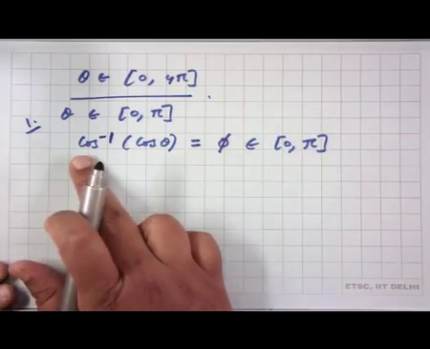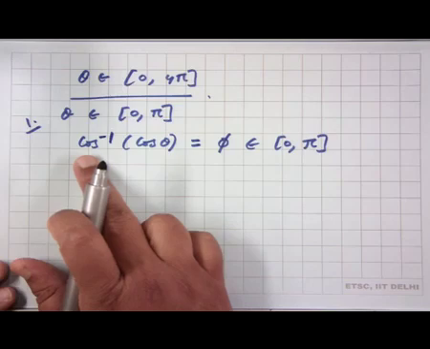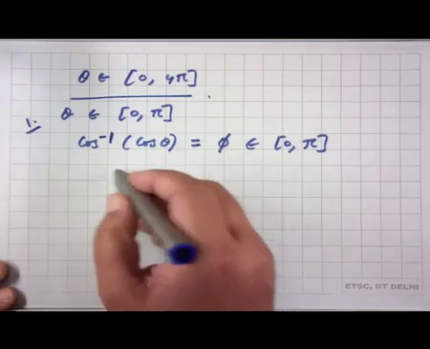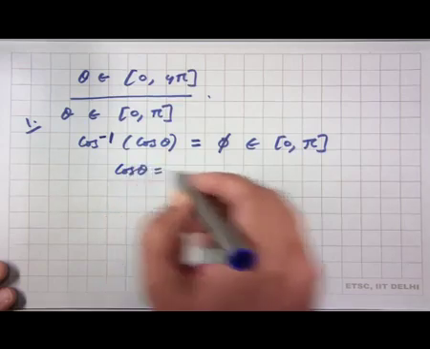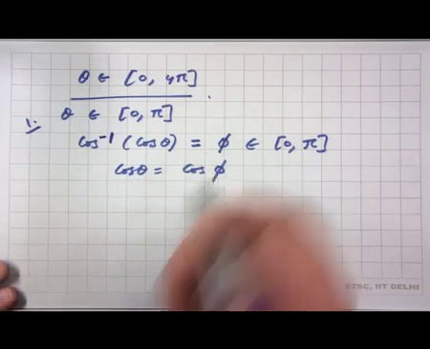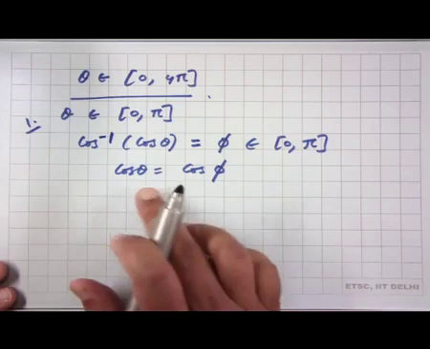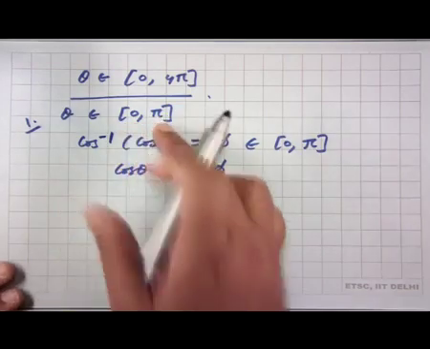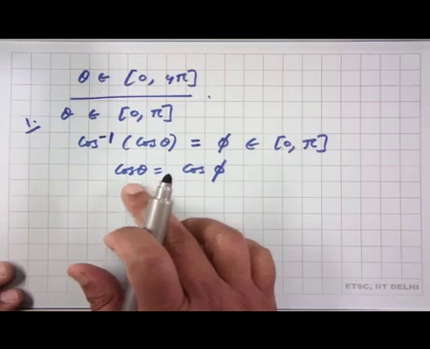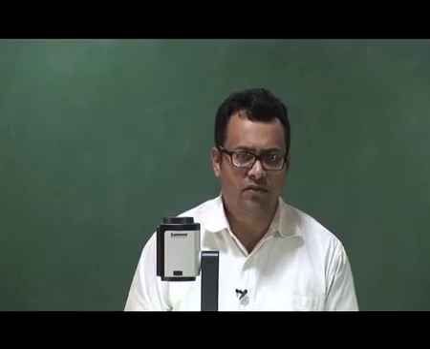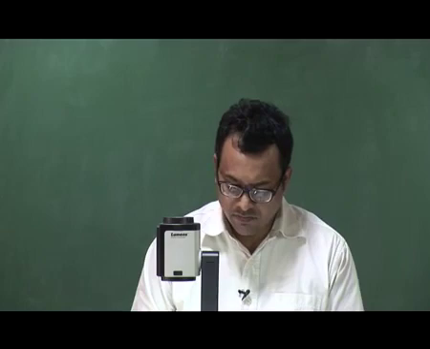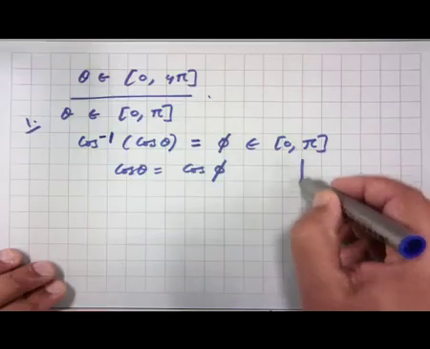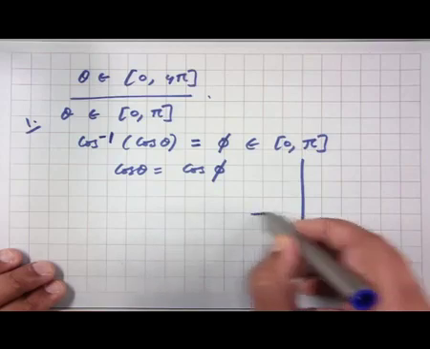Also, by applying the cos function on both the sides, what we get is cos theta is equal to cos phi. Now, we know that in this interval 0 to pi, just like the graph of the sine function between minus pi by 2 to plus pi by 2, if we look at the graph of the cosine function, let me quickly draw it over here.